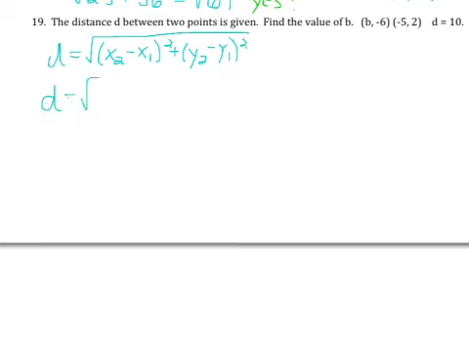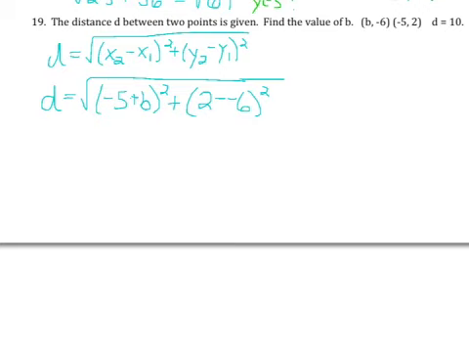So for x2, I'm going to plug in a -5. And for x1, I'm going to plug in b. For y2, I'm going to plug in 2. And for y1, I'm going to plug in a -6. All right, and for D, we can plug in 10. So let me erase this D, and we'll put a 10 in there, since that is the distance.